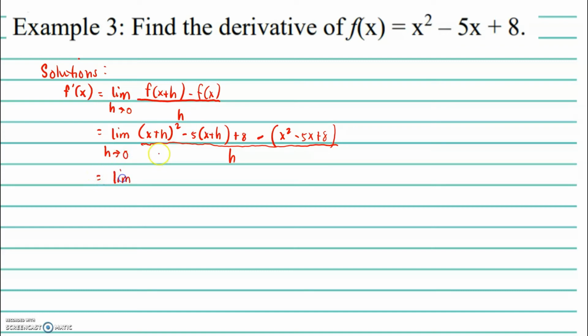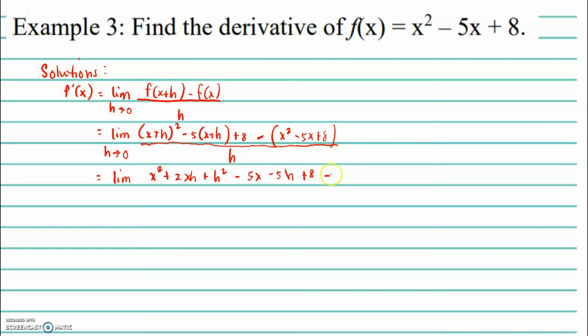Okay, expand the binomial, so you have x squared plus 2xh plus h squared minus 5x minus 5h plus 8.